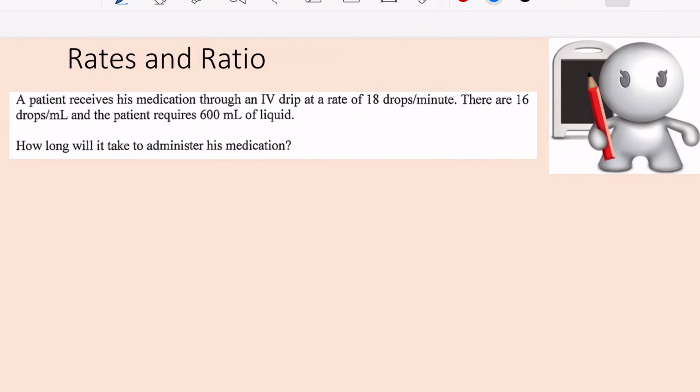Another example of a rates question is something like this. A patient receives his medication through an IV drip at a rate of 18 drops per minute, and there are 16 drops per milliliter. The patient requires 600 milliliters. So let's work out the number of drops.